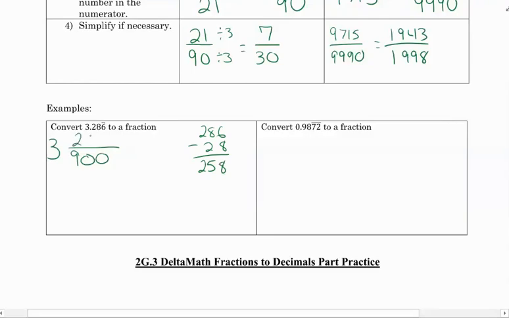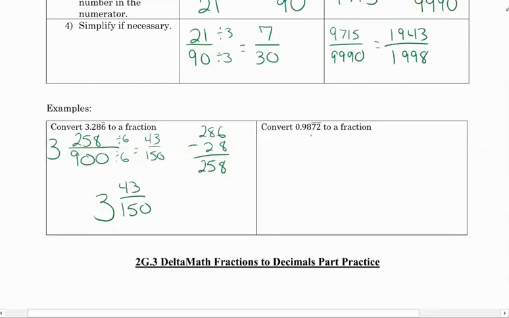So I have 258 over 900. Those are both even, and 2 plus 5 plus 8 is 15, so it's divisible by 2 and 3, so that means that it's going to be divisible by 6, which would give us 43 over 150, so my final answer would be 3 and 43 over 150.